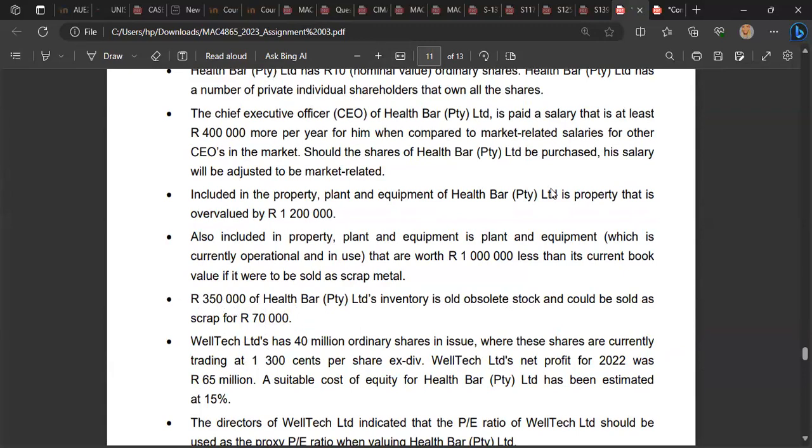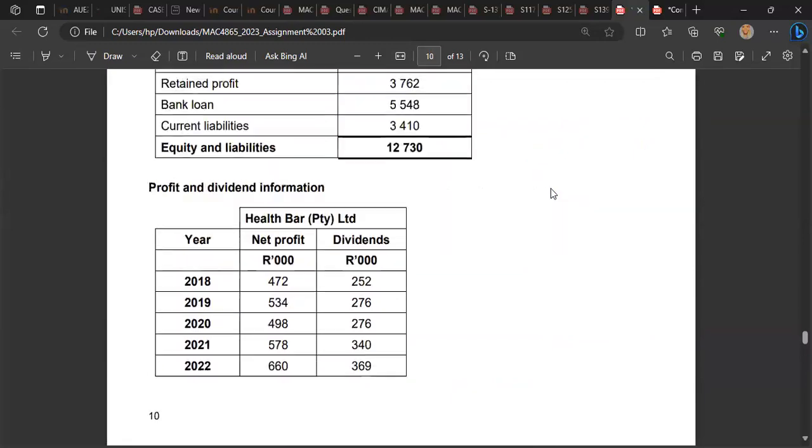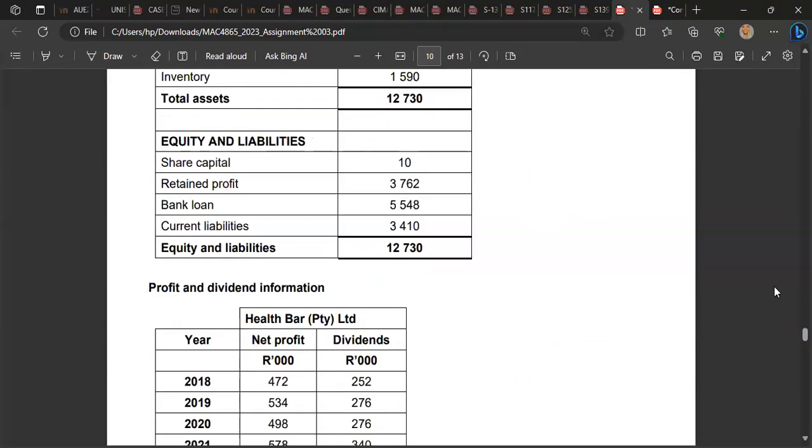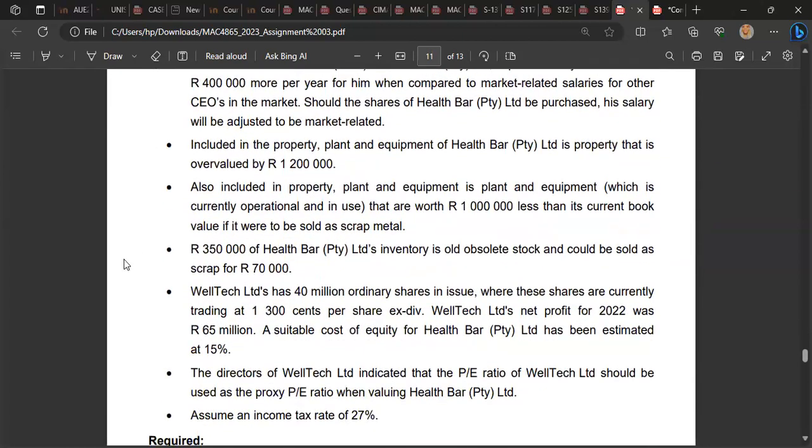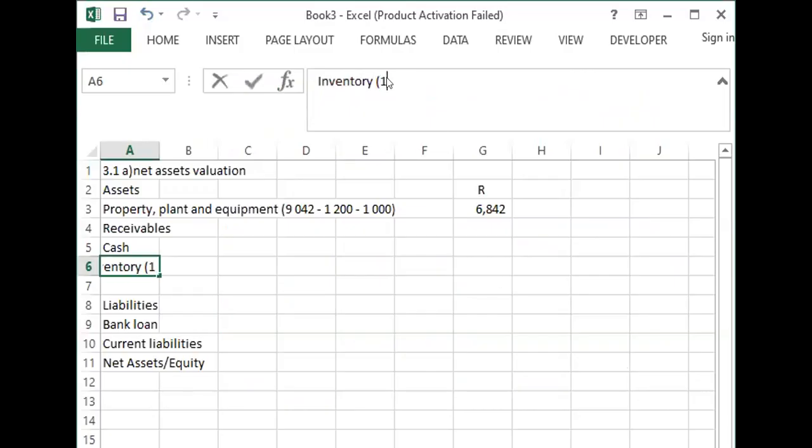So we do the adjustment again. We take the amount as it is for inventory, 1590, and then deduct 350 and add 70, because 70 is what we can get.